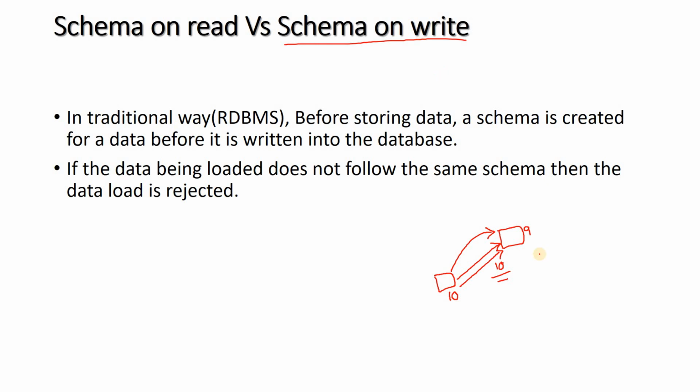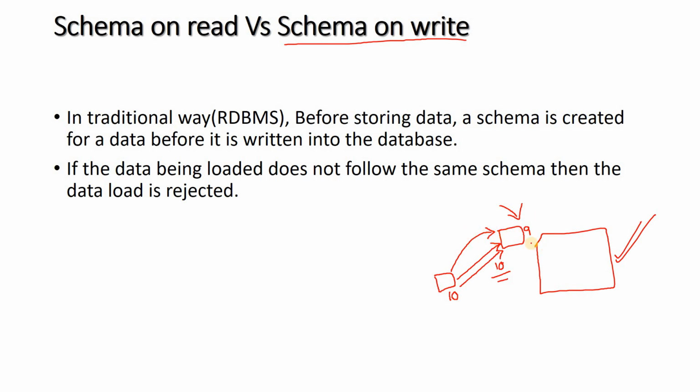Not only that, rework is obviously one of the major problems if the schema of the source system evolves or changes over time. There is one more thing: to define this particular schema in the destination, the developer or the user should have a clear picture of what the business requirement is, right? Until they know the business requirement completely, with a clear-cut idea, they cannot create any schema on the destination side.